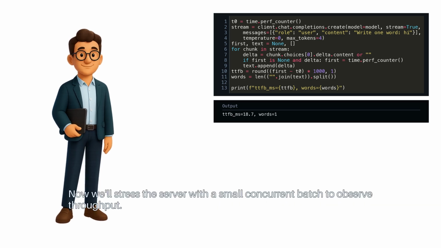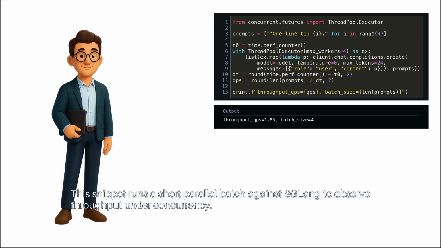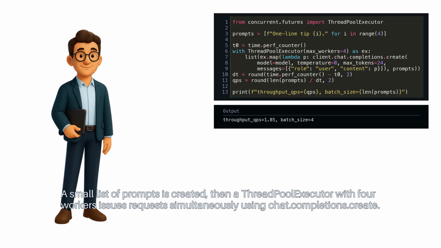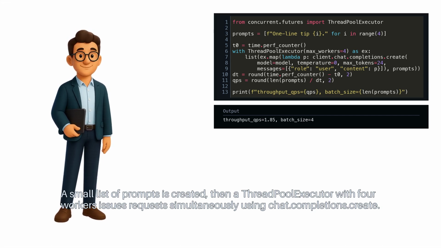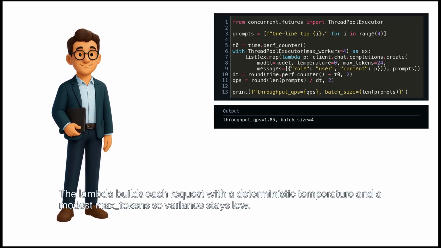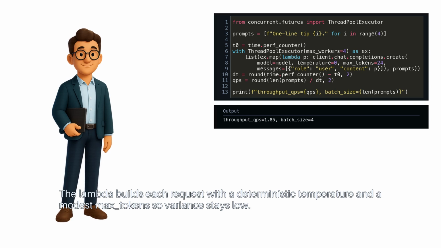Now we'll stress the server with a small concurrent batch to observe throughput. This snippet runs a short parallel batch against SGLang to observe throughput under concurrency. A small list of prompts is created. Then a ThreadPoolExecutor with 4 workers issues requests simultaneously using chat.completions.create. The lambda builds each request with a deterministic temperature and a modest max tokens, so variance stays low.